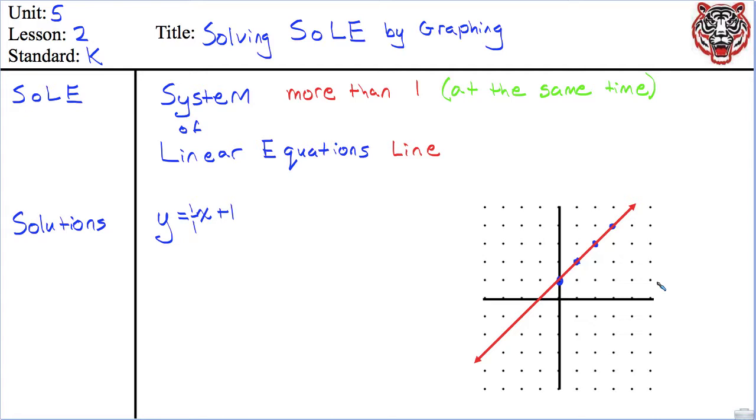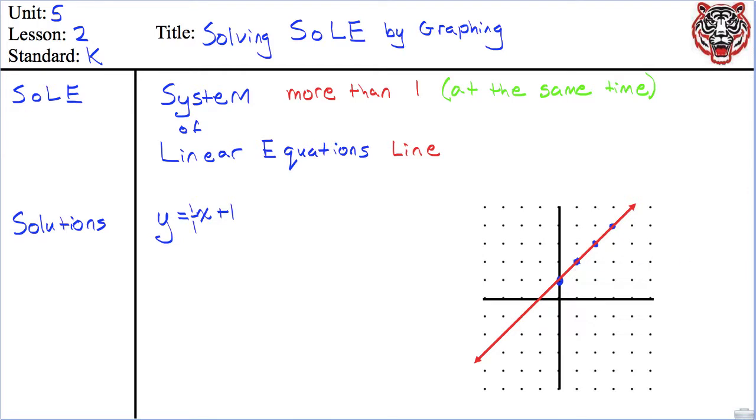So when I ask for a solution to an equation, a solution is any point on this line. In the last unit, I was always asking you, is this point on the line? Or is this a solution to the equation? What I was really asking is, is that point on the line? Any point on this line is a solution.